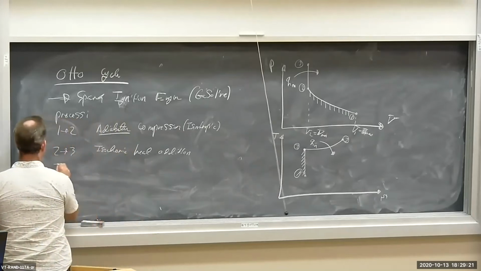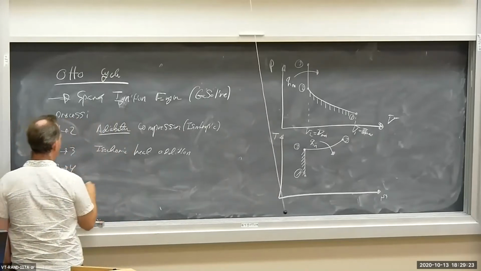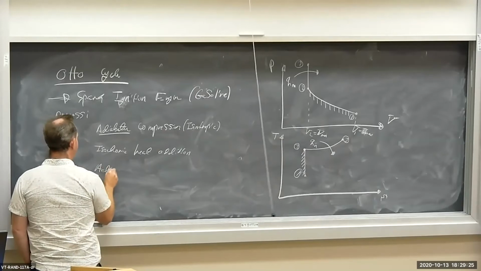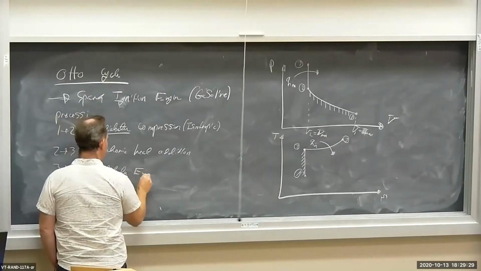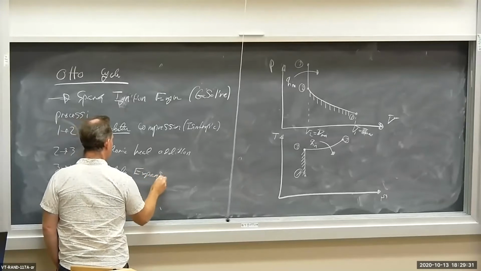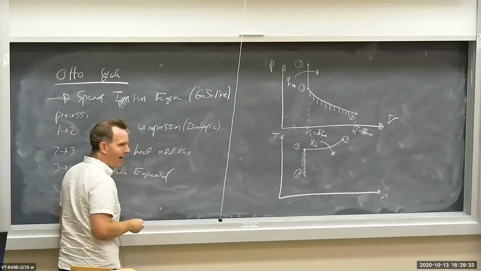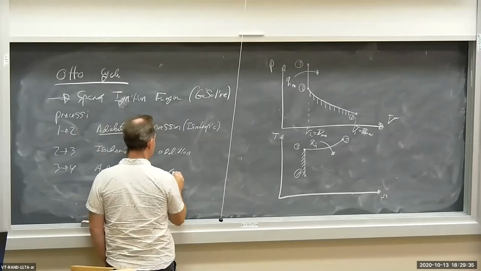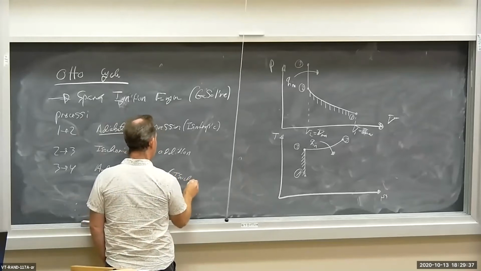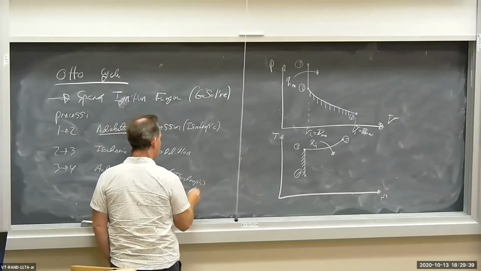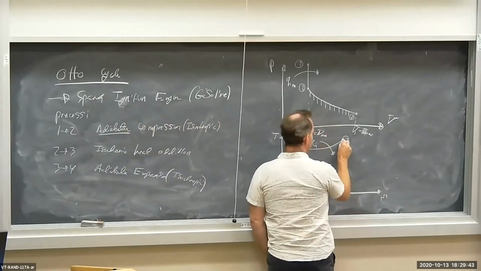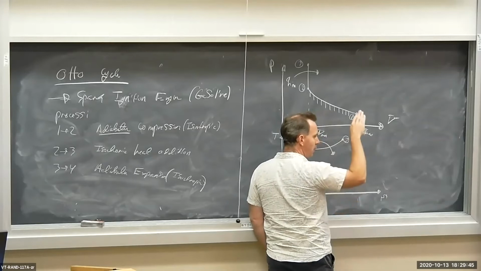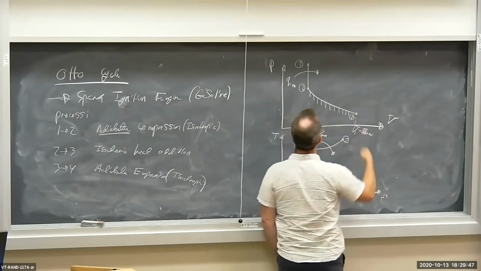Then we have process 3 to 4, which is adiabatic expansion. If it's adiabatic, it means it's isentropic. Isentropic, so if it expands, temperature falls, pressure falls.